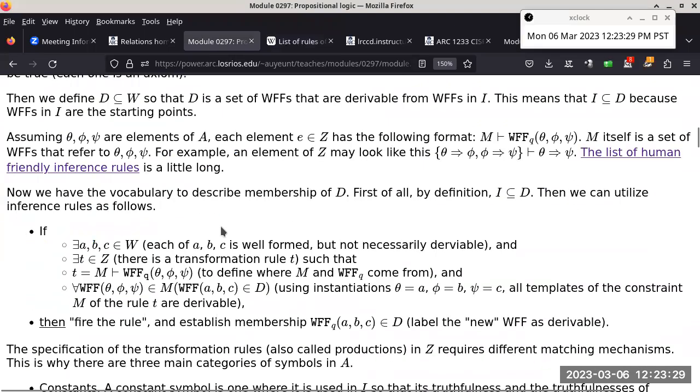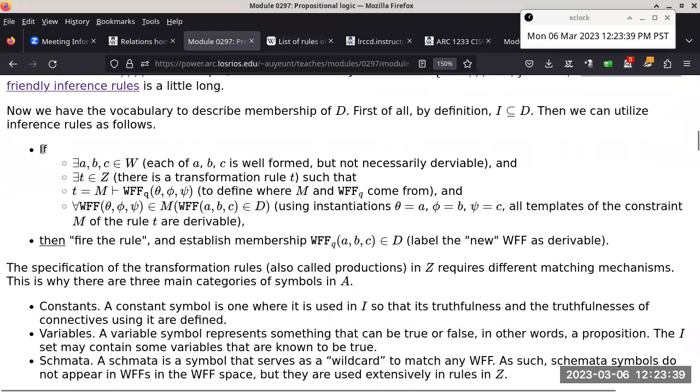Now that we have the vocabulary to describe membership of D, first of all, by definition, iota is a subset of D. We talked about that already. And the inference rule goes like this.